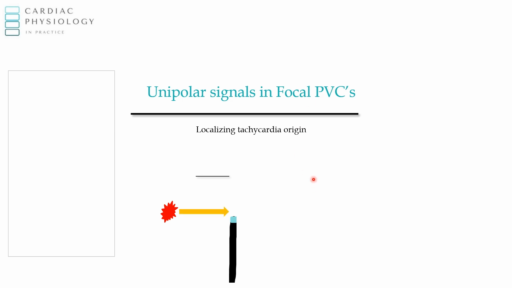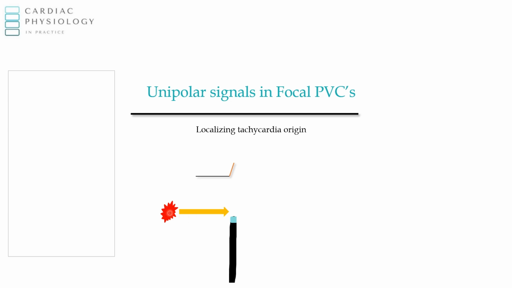So if we imagine that we have an ablation catheter and we have a PVC origin that's occurring remote from our ablation catheter or mapping catheter, then that will result in a depolarization wavefront that moves towards our ablation electrode, and our unipolar signal will exhibit an R wave, because anything that moves towards an electrode in unipolar signals will be positive, anything that moves away from the electrode will be negative.